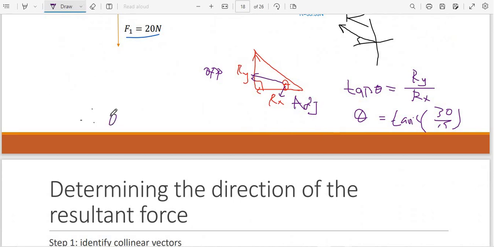Therefore theta will be equal to, let us see, 30 divided by 15, that will give us an answer of 2, and we're going to take arctan of 2. If we find arctan of 2, we find that the answer there is 63,43 degrees. I'm just going to write the degrees in words.